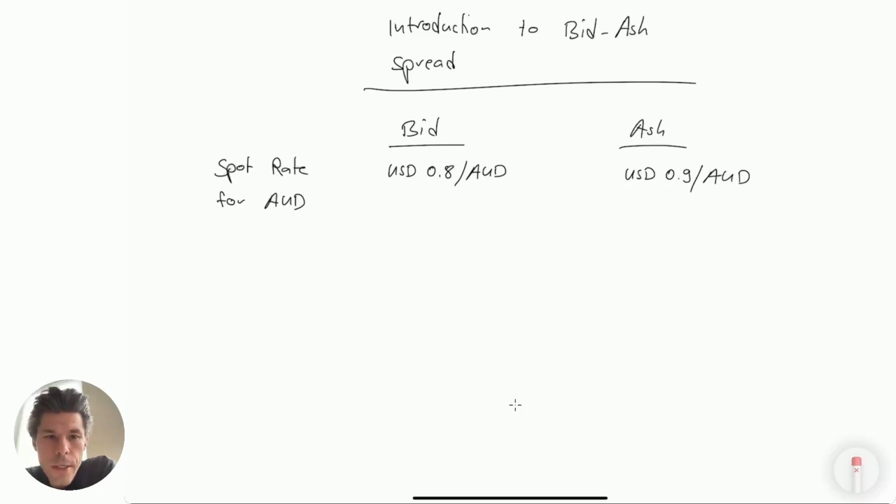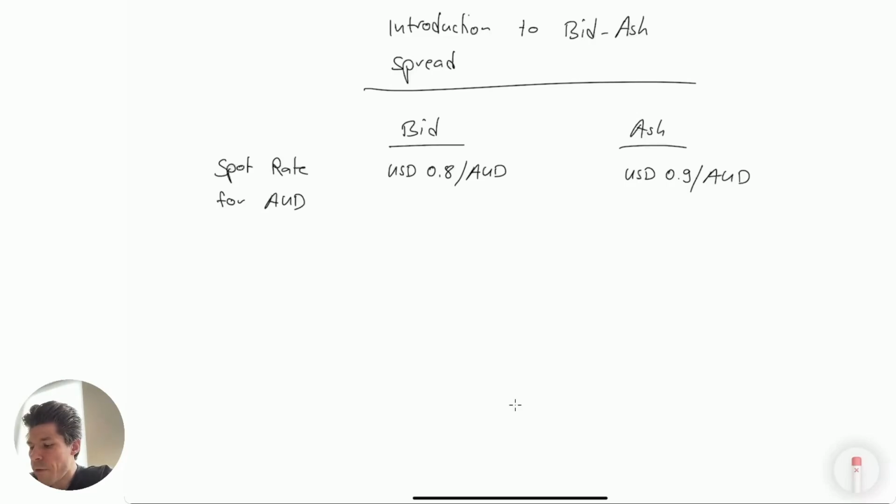Bid-ask spreads are quite important because in practice there is no such thing as an exchange rate. Whenever we talk about an exchange rate, we always have two. We always have the bid exchange rate and we always have the ask exchange rate.